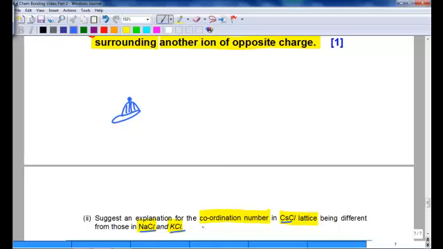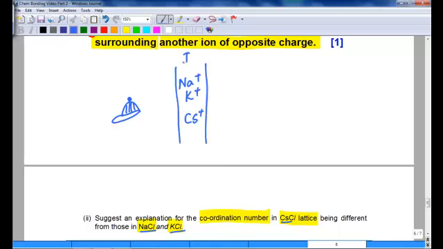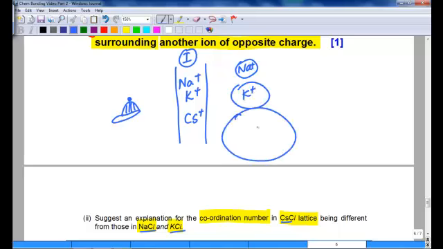Just pick up the difference first, because you're supposed to compare them. I hope you have picked up the fact that Na+, K+, Cs+ are in group 1 of the periodic table in this arrangement. What do you think will be the difference? Na+ will be the smallest, followed by K+, followed by Cs+.